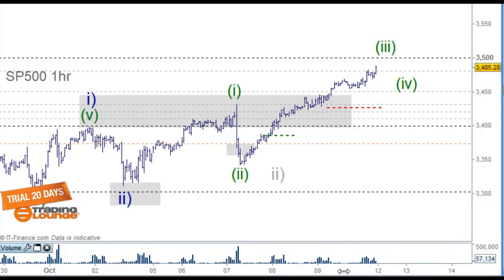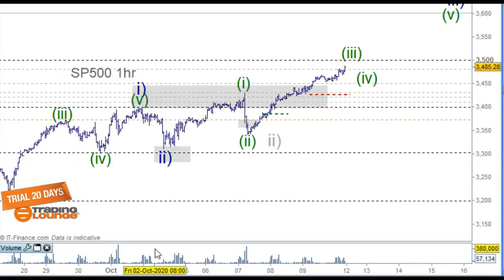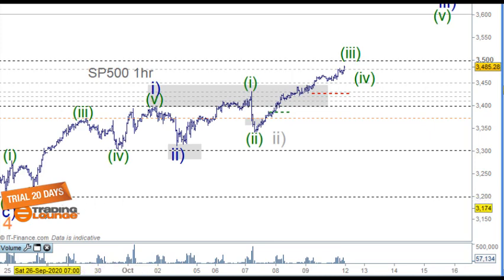Now, in terms of the count to the upside here, as you know, we've got wave 4 here with 1, 2, 3, 4, 5 for 1 and 2. We're looking at this as 1 and 2 here, and then we're looking at this as wave 3 here. So I'm looking at wave 4 to move across here, and we should start to end up a little bit higher up here.